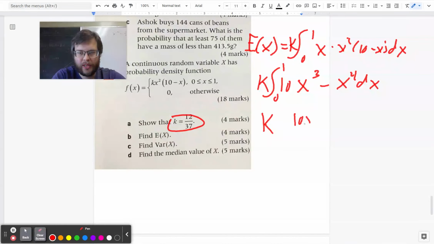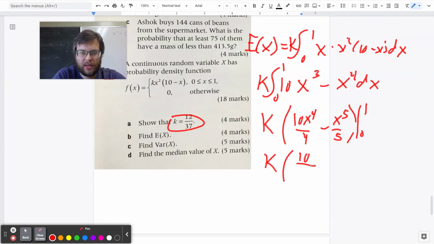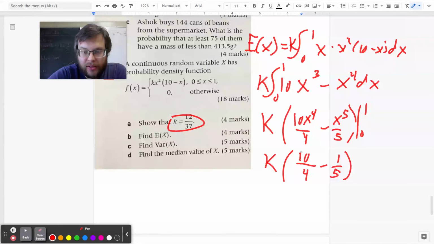So that becomes 10x to the fourth over 4 minus x to the fifth over 5 from 0 to 1. So that's going to be k times 10 over 4 minus 1 fifth, which I guess we could knock this down to 5 over 2.